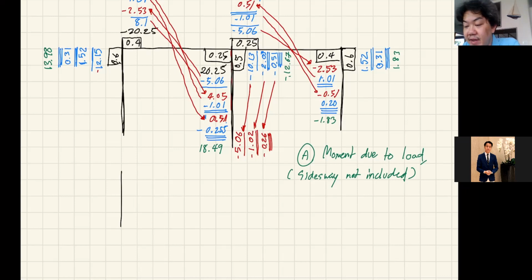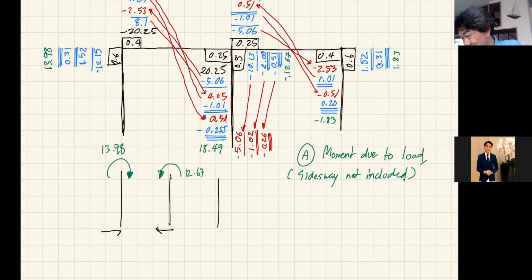So right here we got 13.98, which is positive, so that means clockwise. Right, 13.98. So you're going to get this base here, and then the second one, you should look at this result, minus 12.67. So it's in this direction, right? So your shear is in this direction, this one, and then the last column, it's 0.6, right?